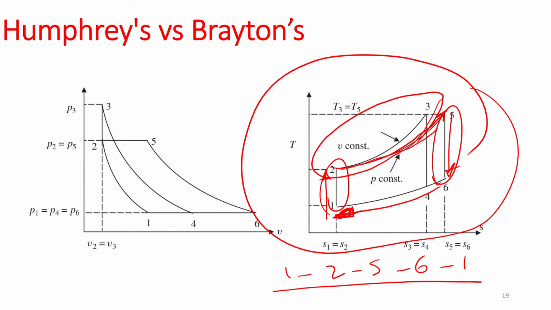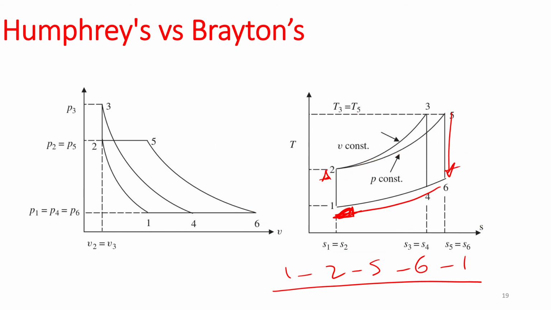But the simplest Humphrey cycle goes from 1 to 2 to 3 to 4 to 1. And here inside the combustor, we have a constant volume process happening. The mechanism behind it we'll get to later on, but this is the main difference.